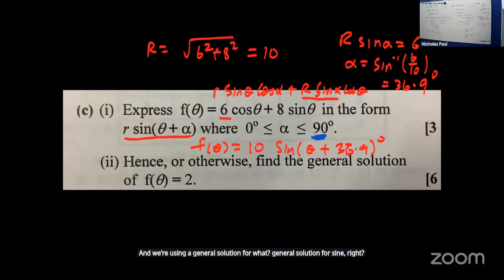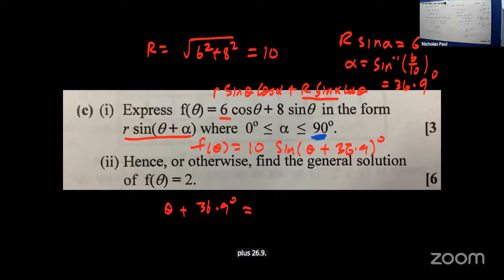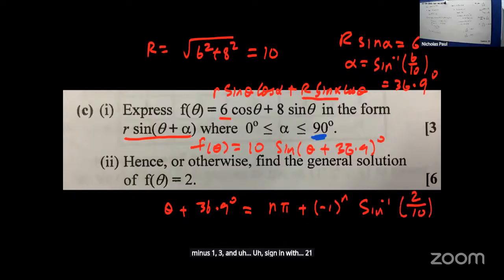So we will get theta plus 36.9 is equal to n pi plus minus 1 to the n sine inverse 2, right? And you're almost done.